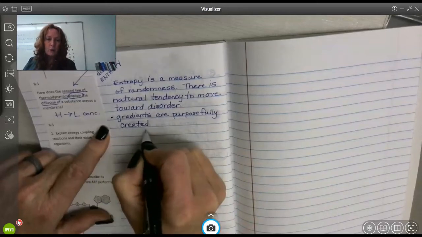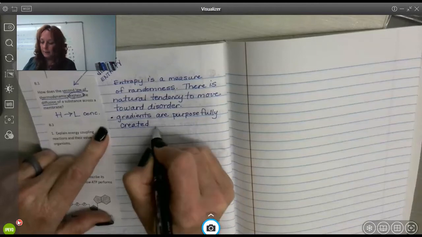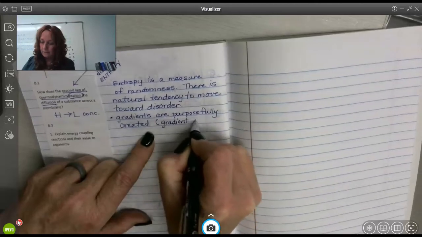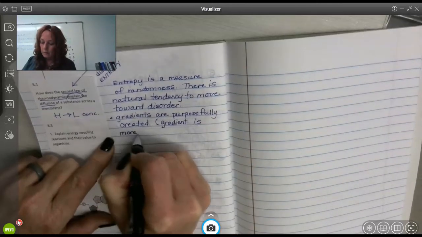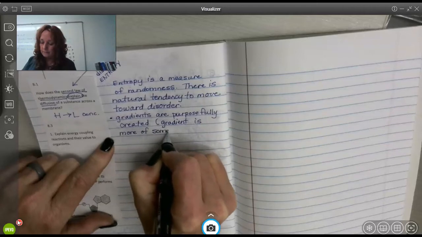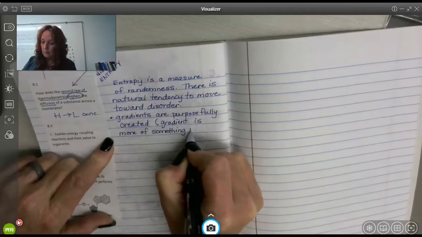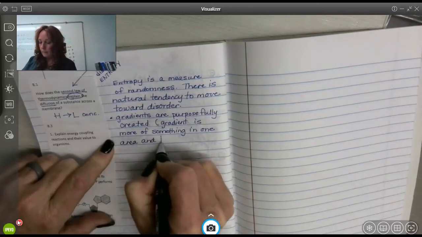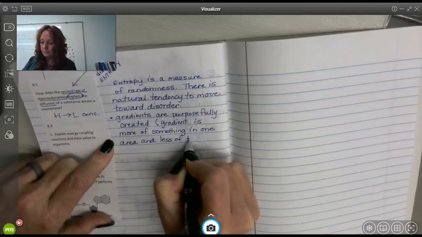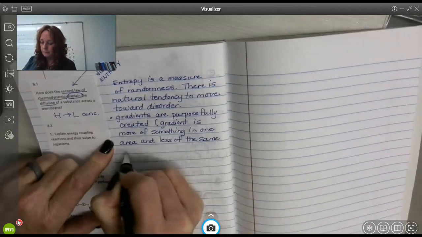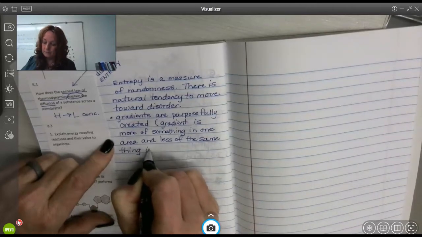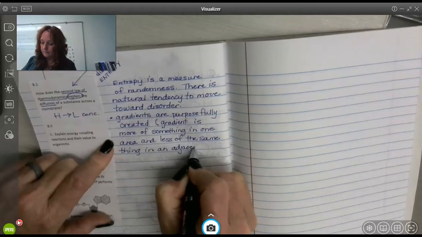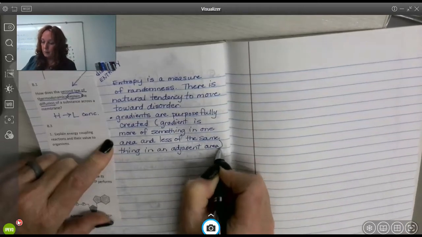And remembering what a gradient is, just remembering that a gradient is more of something in one area and less of the same thing in, they're going to say, an adjacent area, just because we need to be able to move from one to the other.